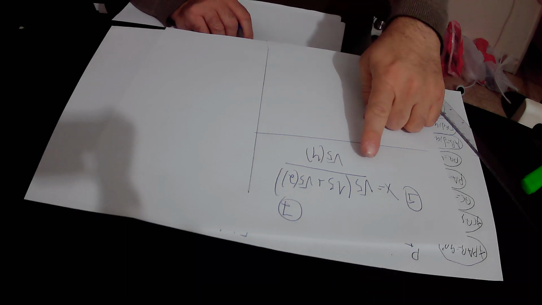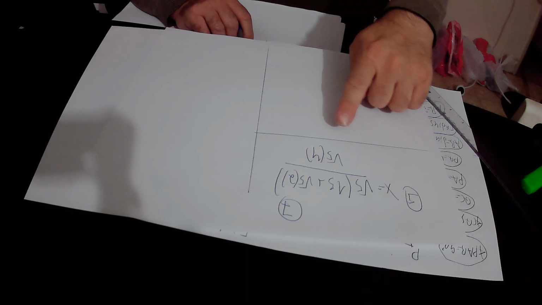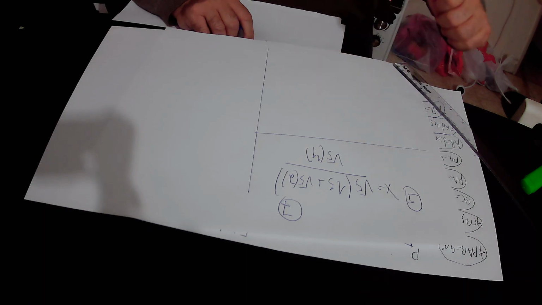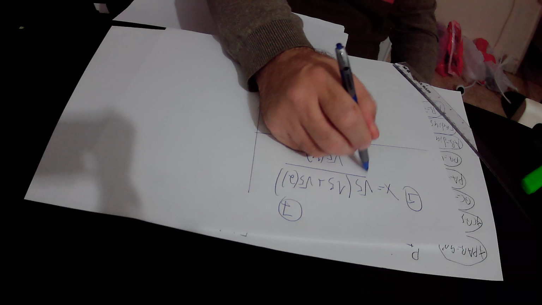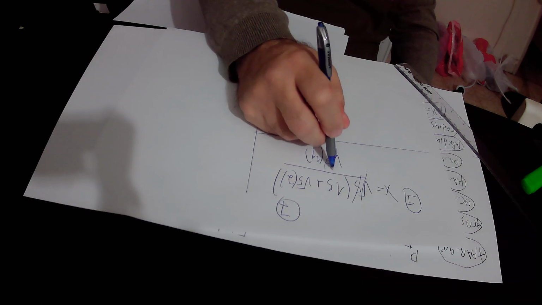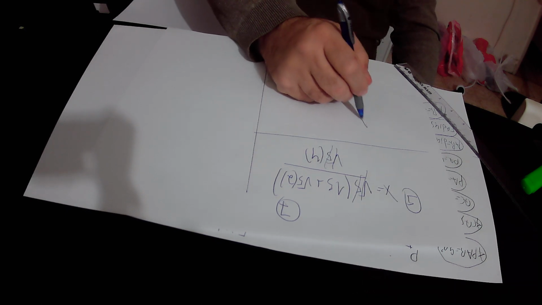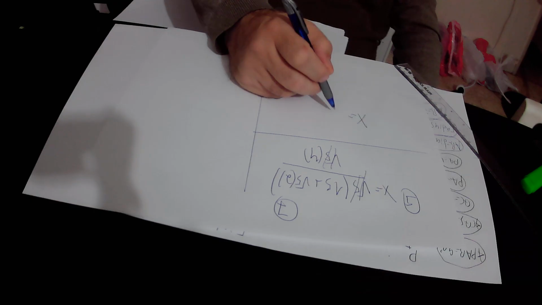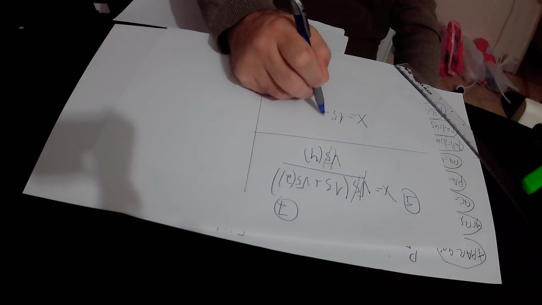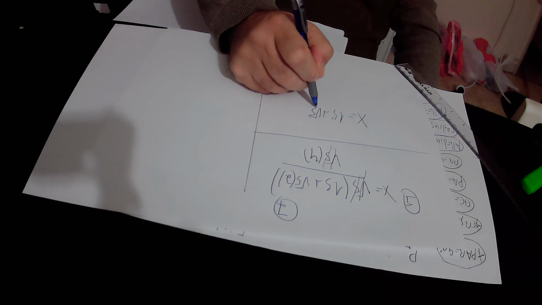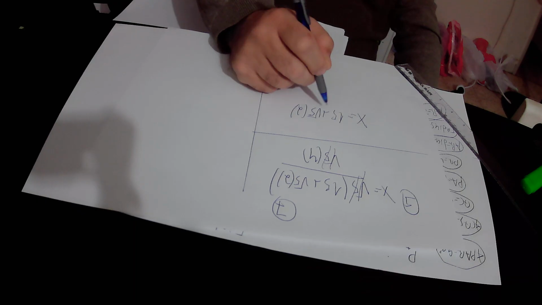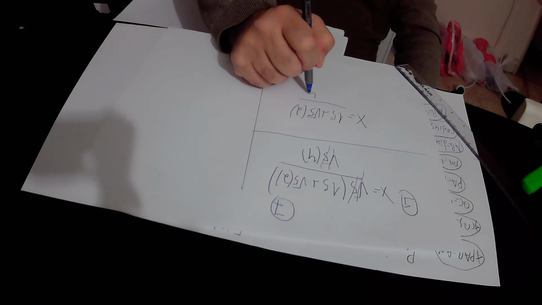So we have square root of 5 in the numerator and square root of 5 in the denominator, so square root of 5 will get cancelled. And finally we found out actually that x equals 15 plus square root of 5 times 2 over 4.